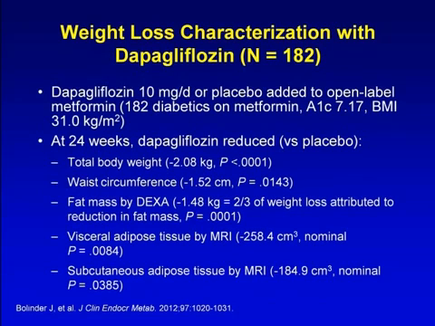The next slide looks at weight loss with dapagliflozin added on to metformin with baseline BMI of 31, and you see a reduction in body weight of 2 kilograms. There's a reduction in waist circumference, reduction in fat mass seen on DEXA, visceral adipose tissue by MRI, as well as subcutaneous adipose tissue. So there's a generalized loss of weight and loss of fat, which may be an advantage in some patients with diabetes.